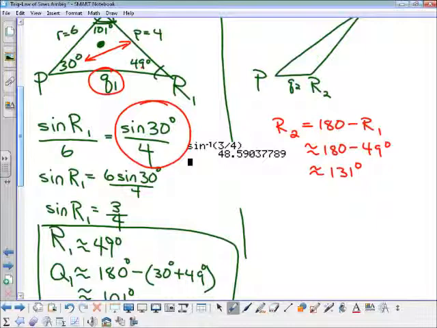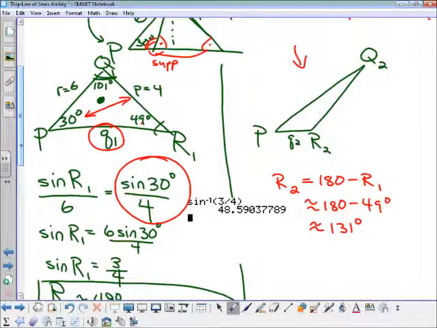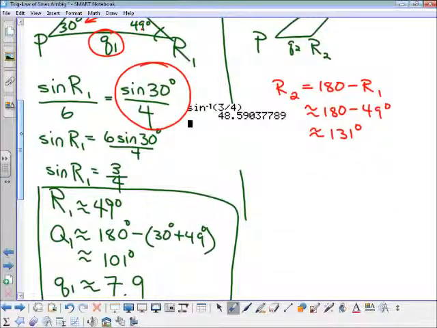Now if you notice, that also equals the sum of these two angles, and that will be true. But it might get confusing because you're looking at two different triangles, so I'd stick with R2 equal to 180 minus R1.